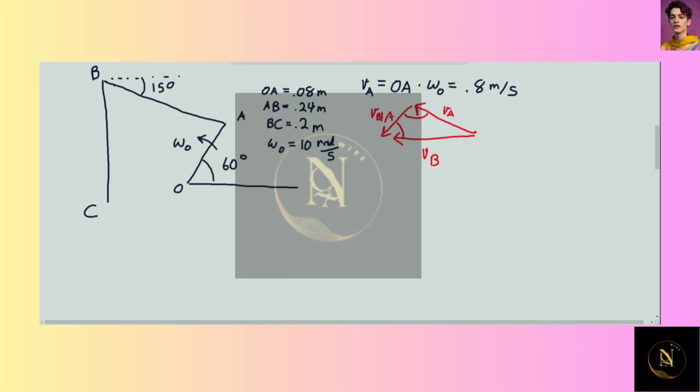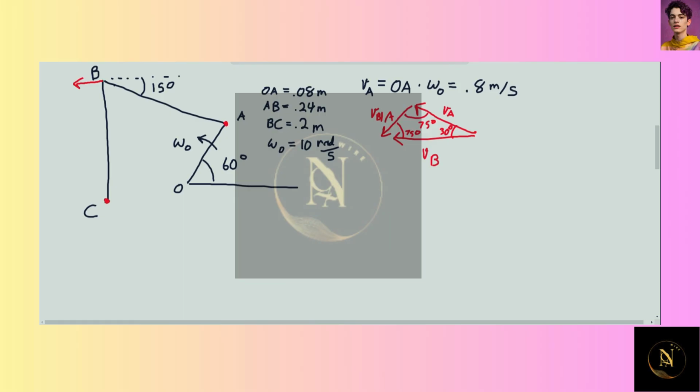If we look at this carefully, we end up with two 75-degree angles and one 30-degree angle, just based on the geometry of the situation. And we know that VB has to be moving directly to the left because its bar rotates about point C at the bottom here.